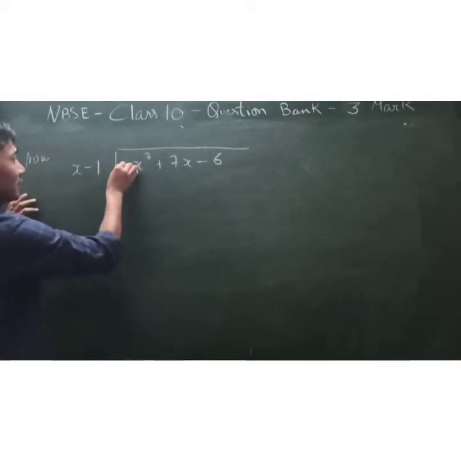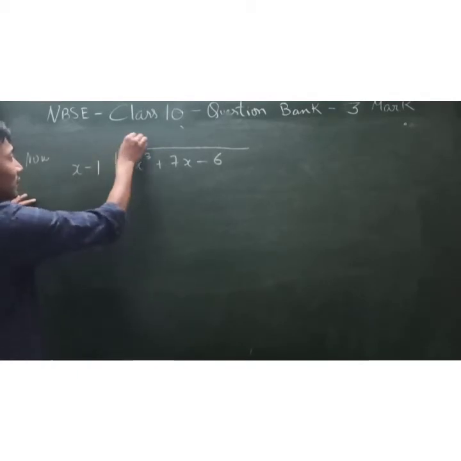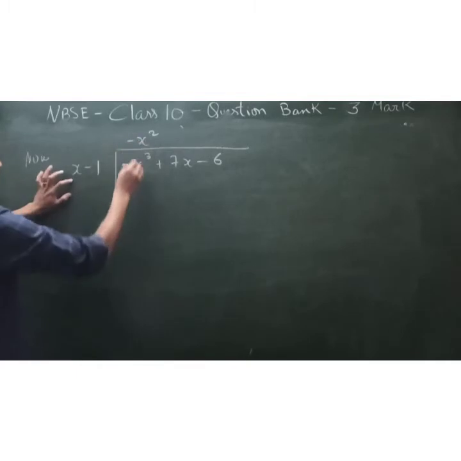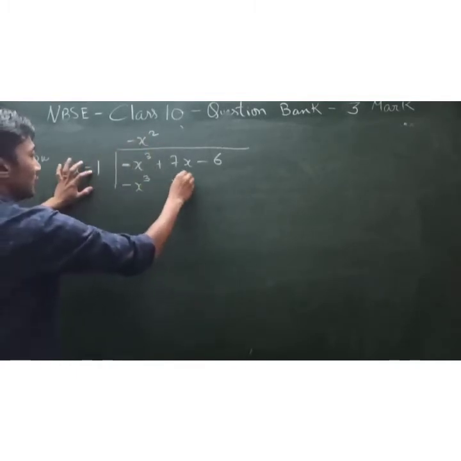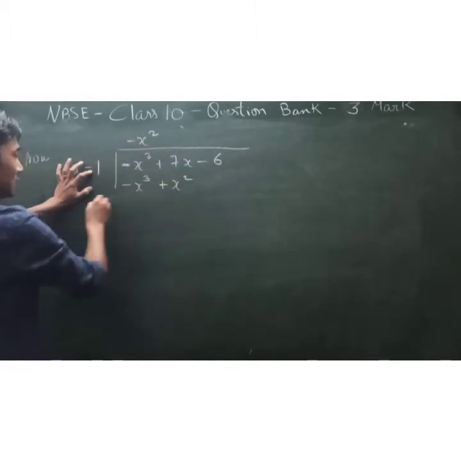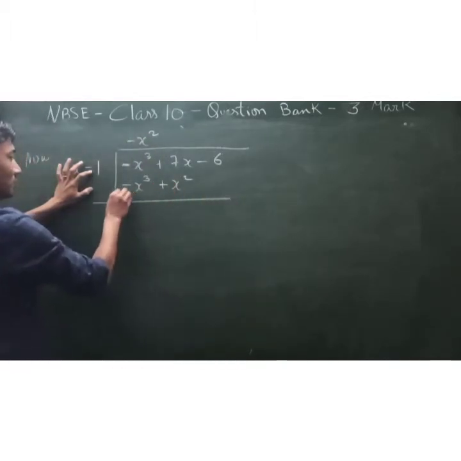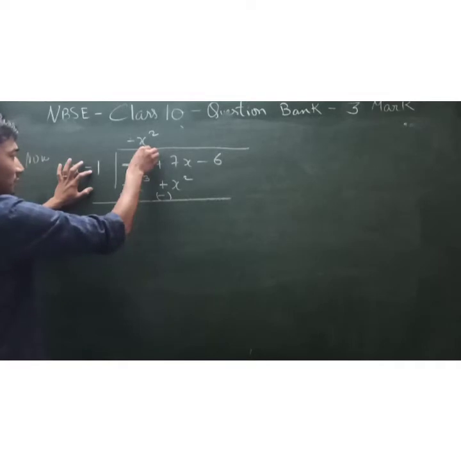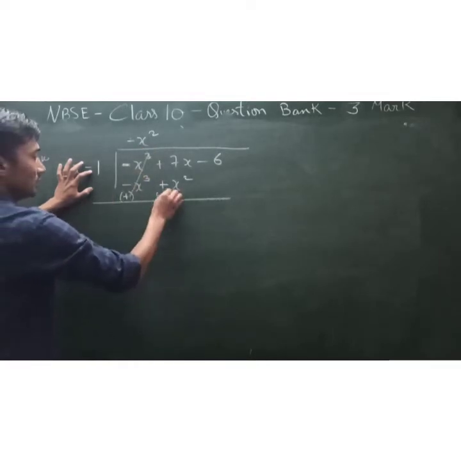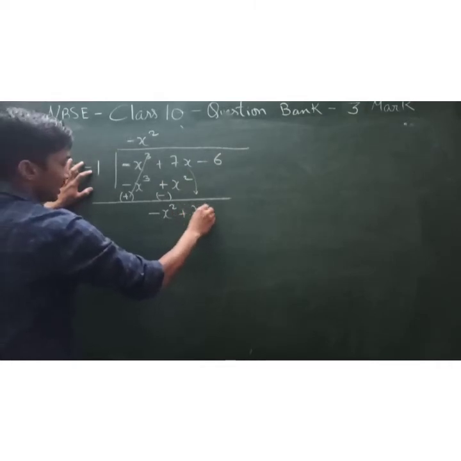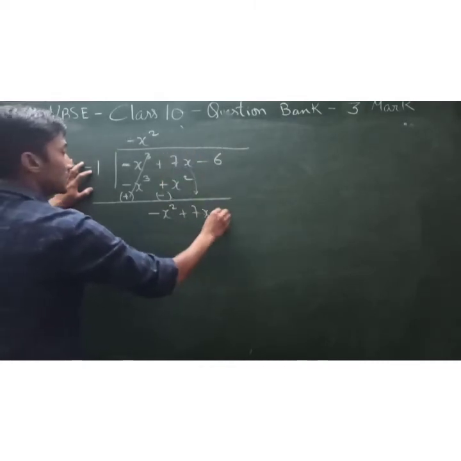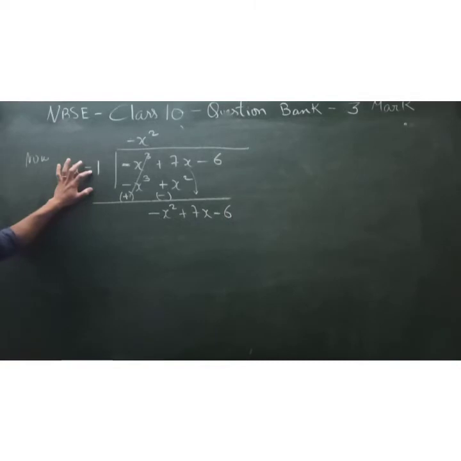I guess division all of us, so minus, well, multiply minus x squared. So minus x squared into x minus 1 gives minus x cubed. 1 into x squared, that's x squared, minus into minus, that's plus. So by subtracting, the sign changes, minus plus out. This is a new term, minus x squared. I'll bring this down, because I cannot equate my x squared and 7x, different terms, minus 6.